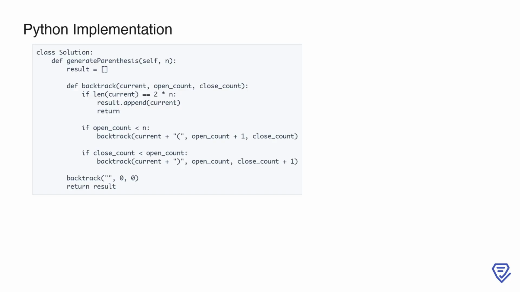This solution leverages the efficiency of backtracking to prune invalid states early, ensuring that only valid combinations are generated. The time complexity is proportional to the Catalan number, roughly 4^n, which is the count of valid parentheses combinations for n pairs. The space complexity is determined by the recursion stack, which can grow up to 2*n in depth.